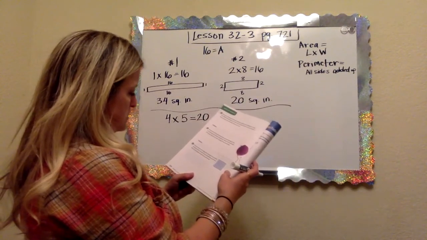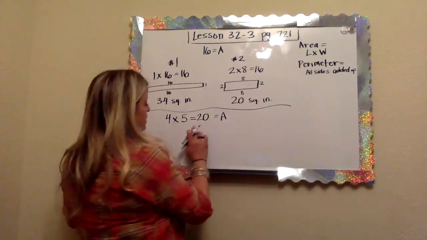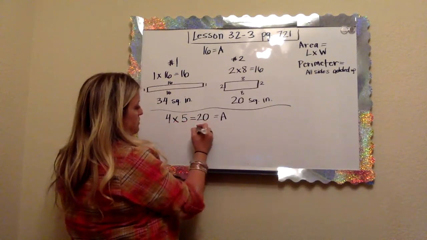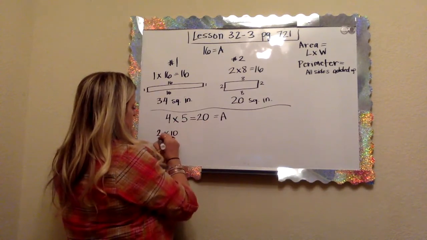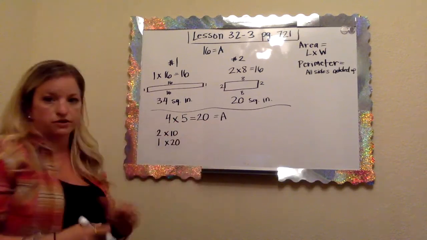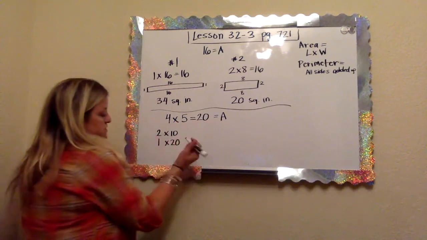So I needed to find something that has, draw another rectangle with the same area but a different perimeter. So now I'm looking for what other factors besides 4 times 5 will get me to 20. 2 times 10, 1 times 20. Those are different options that you have. So let's go with 2 times 10.